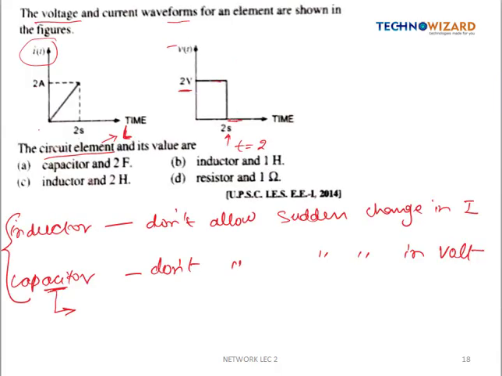So see the option, right? So it is an inductor and its value is 2 Henry, so option C is correct.